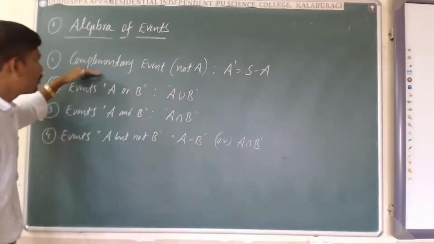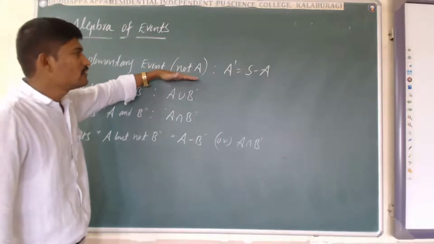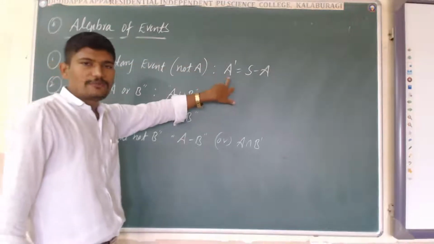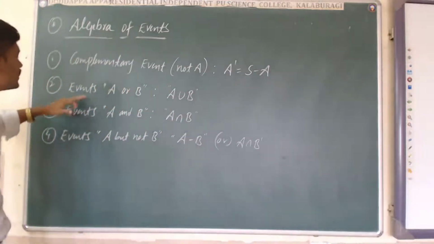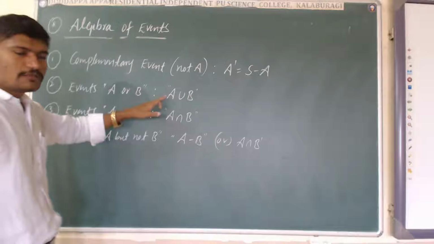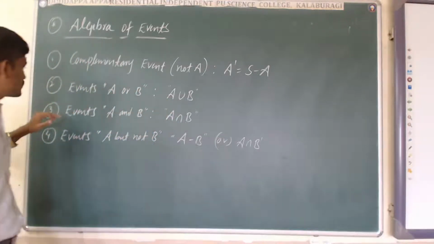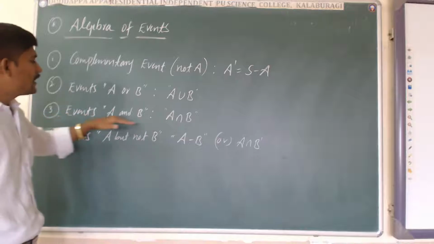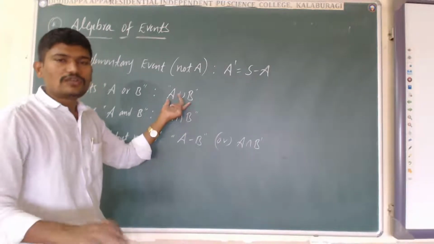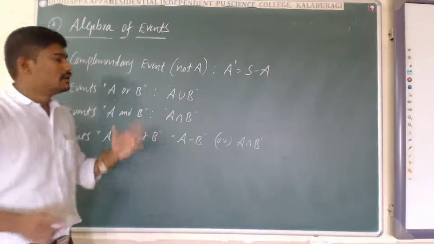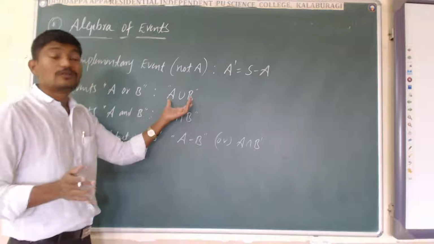So the first one is a complementary event. We always denote not A, or otherwise we can express it like this: A dash equal to S minus A. Next, events A or B is nothing but event A union B. Events A and B is nothing but A intersection B. Already you studied in set theory: union is all the elements of set A and set B combined, and we must write repeated elements only one time.